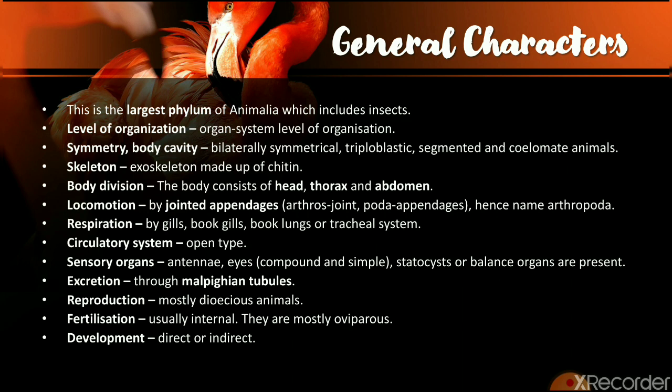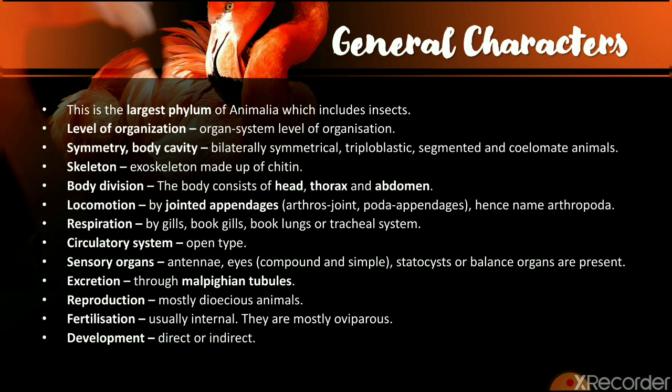They are triploblastic, containing three germ layers: ectoderm, endoderm and mesoderm. They are segmented. They are truly coelomate organisms. The exoskeleton is made up of chitin. The body is divided into head, thorax and abdomen.